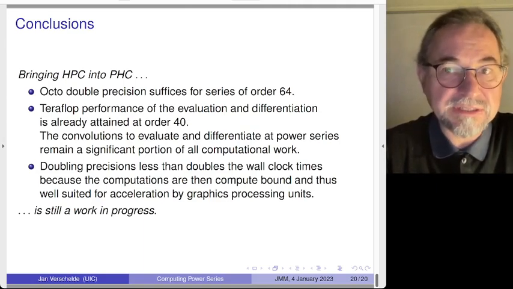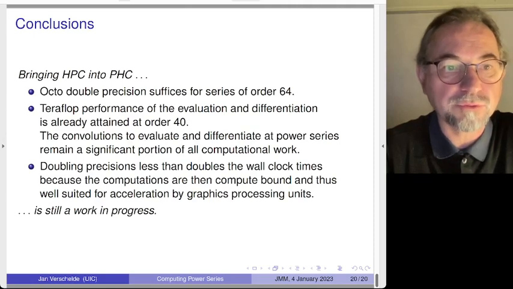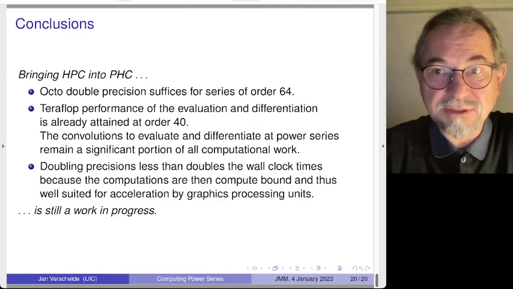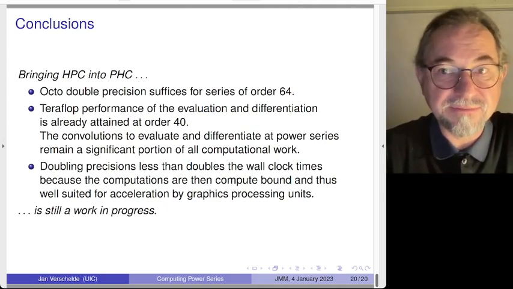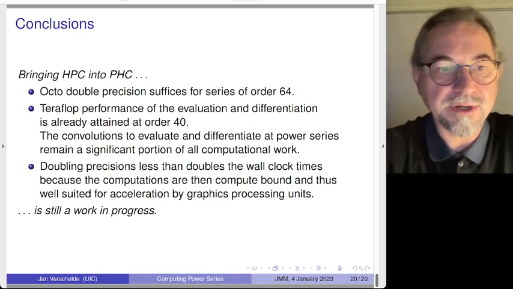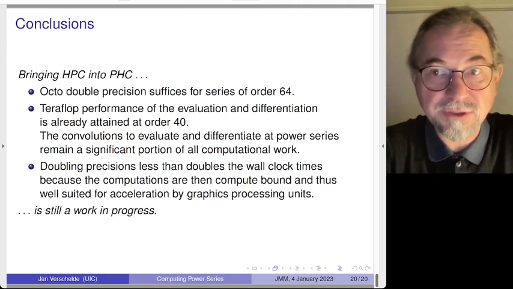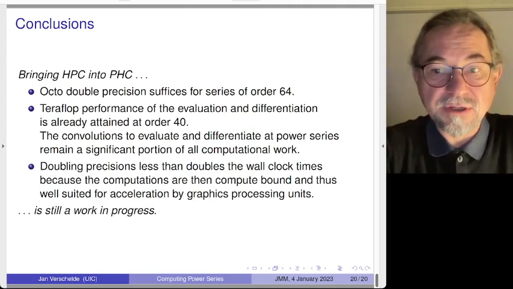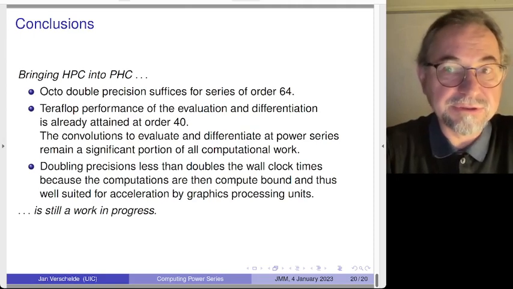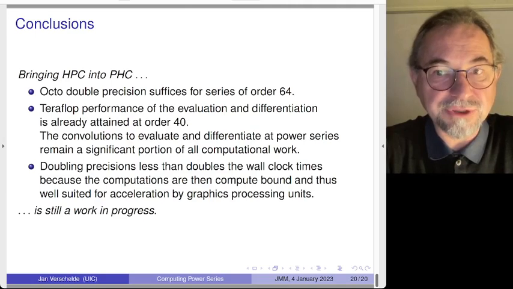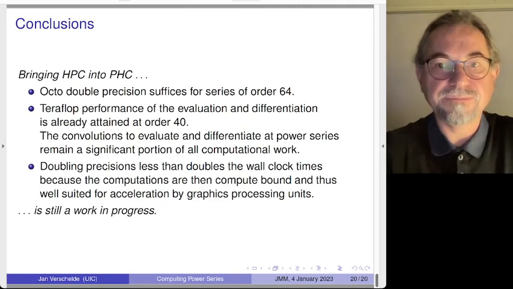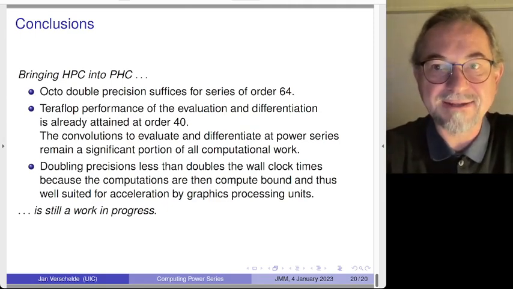If your order is 64, then you can get by with octo-double precision. Teraflop performance is achieved with evaluation and differentiation, one of the important parts of the pie. And for practical purposes, where one is concerned about wall clock time, doubling precision less than doubles the time, just because of the nature of the suitability for GPU acceleration.